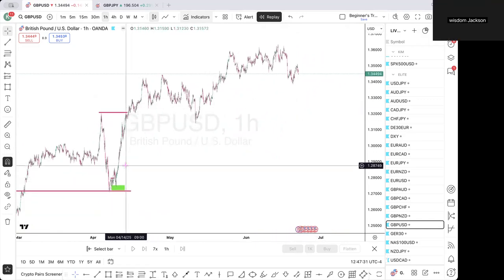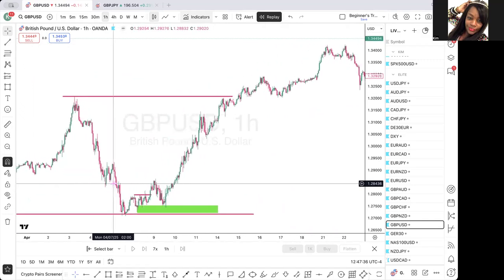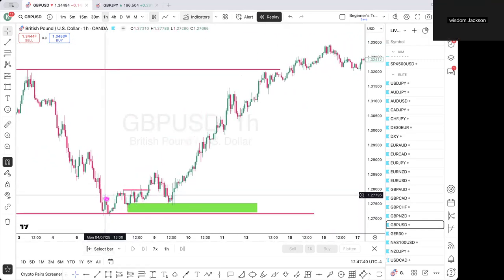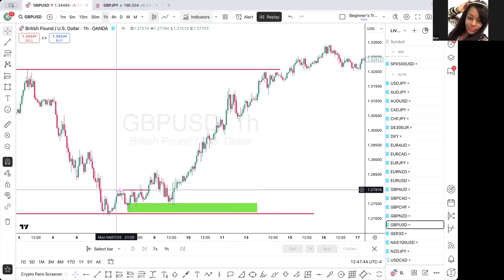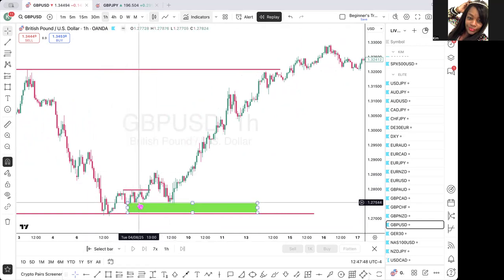So was that really a change of character before the buy up? I wouldn't have considered this the change of character, but once price pulled back and then kept buying, that's the yes.